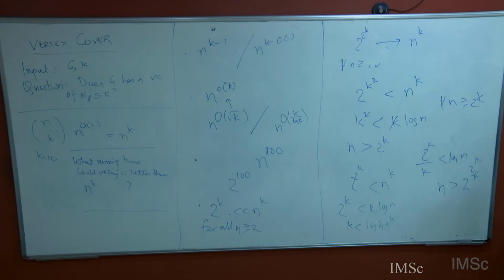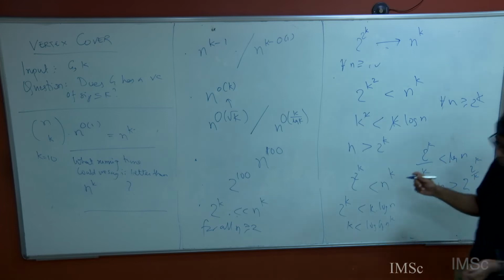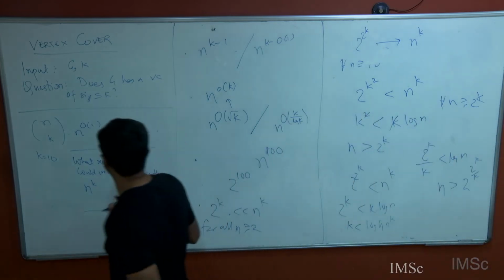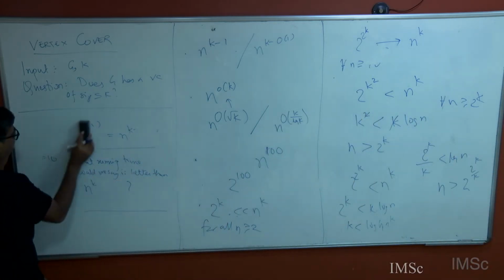So what did we prove? For every k, what is that called? What did we manage to show from here? Let's try to understand.